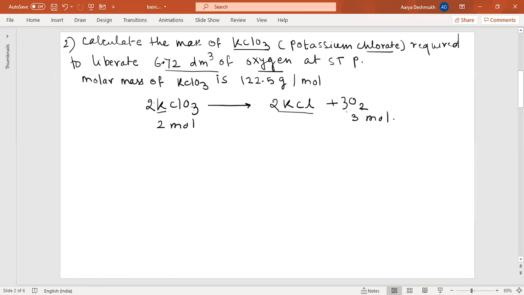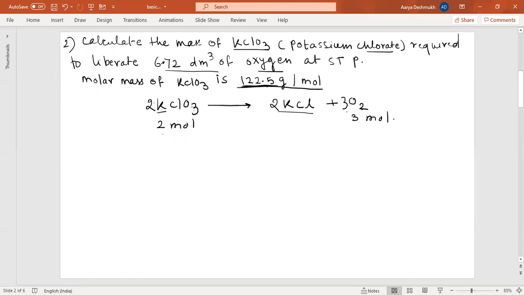Isn't it? Now, when I say 2 moles of KClO3, I know the molar mass is 122.5, which means this is equal to 1 mole. Whatever the molar mass of a substance is, that is always equal to 1 mole of the substance. So 122.5 grams is nothing but 1 mole of KClO3.